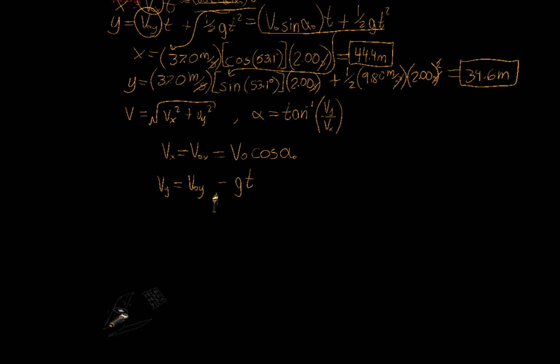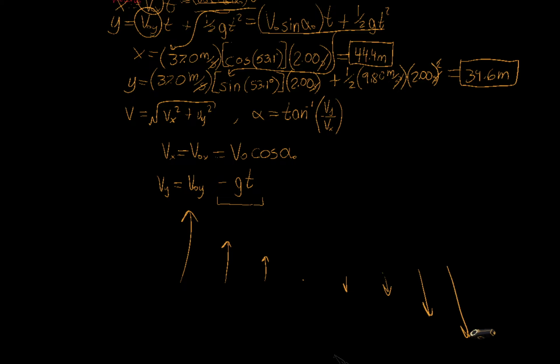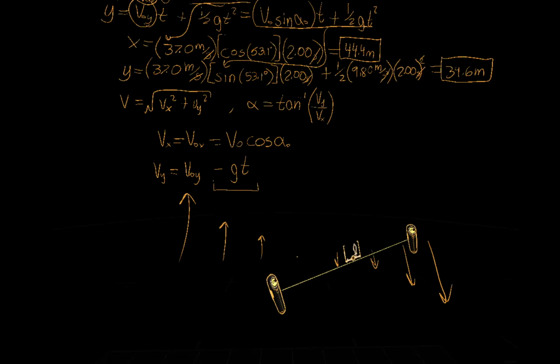This whole element of our equation accounts for the acceleration due to gravity that is being subtracted from the y velocity. So the further you go in time, the less positive y velocity there will be. This would be one time, this would be another time, be another time. Eventually there's none because it's reached the top, and then it starts going down again. So eventually it hits the ground. That's the progress here.